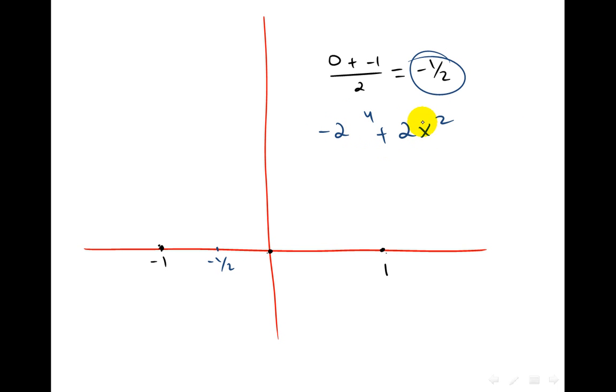Instead of x, plug in negative half. After plugging in this, I want you to use your calculator to find the value.